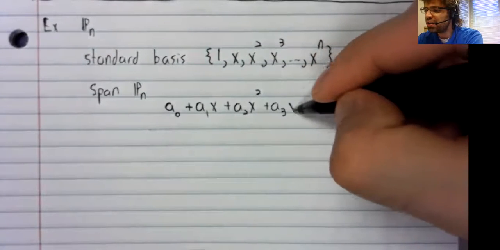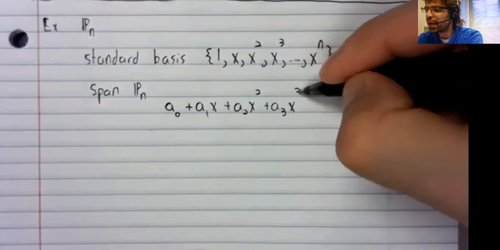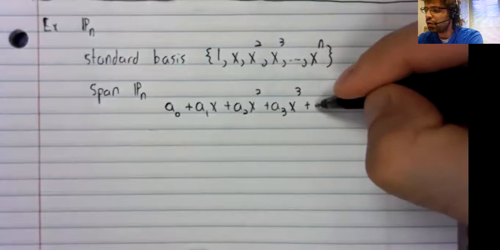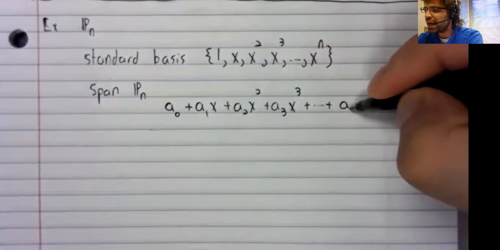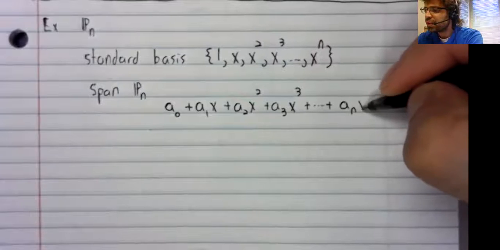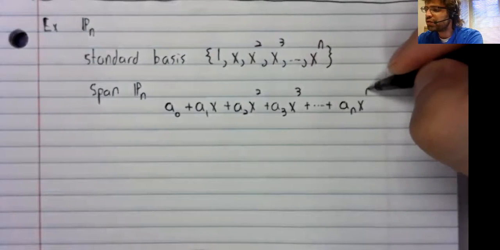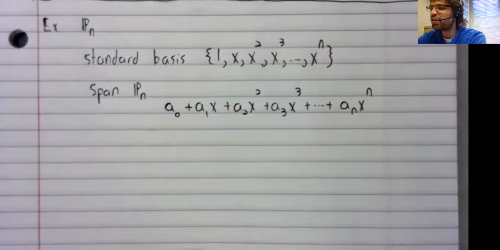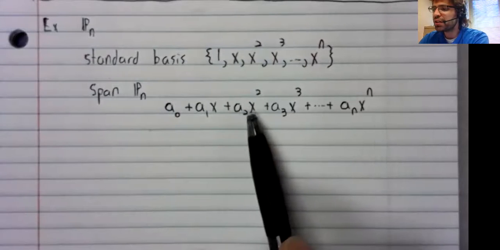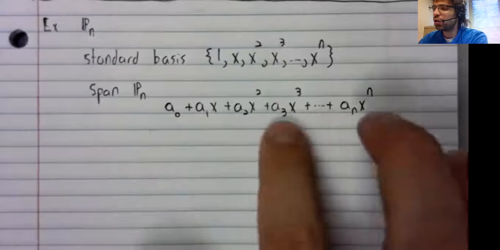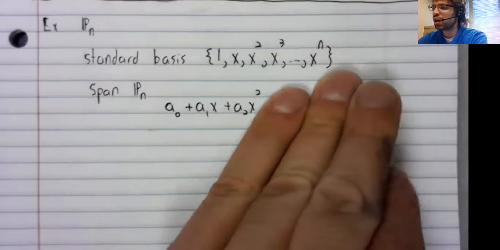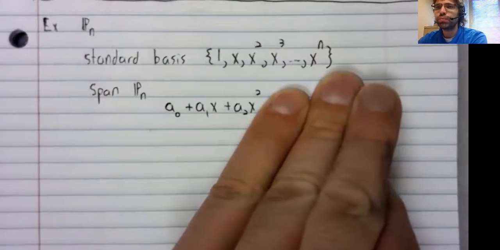Some of these a sub i might be 0. Remember that P sub n is polynomials of degree less than or equal to n. Maybe this is a second degree polynomial and all of these terms are 0.